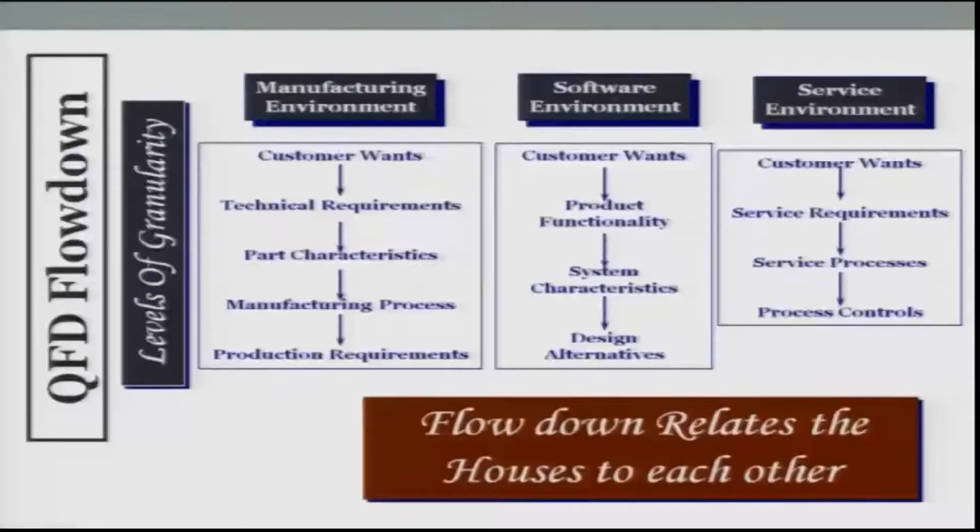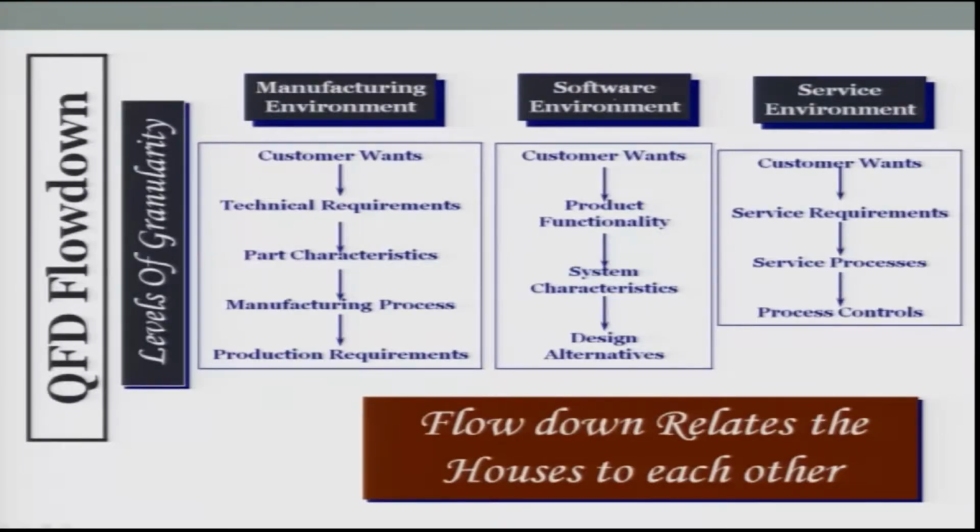So, the QFD flow-down for the concept you are considering would be in the manufacturing environment, the software environment, or the service environment. The customer would have some wants, based on that you will have technical requirements, and there would be characteristics given for each equipment or subgroup combined to make the product the customer wants.